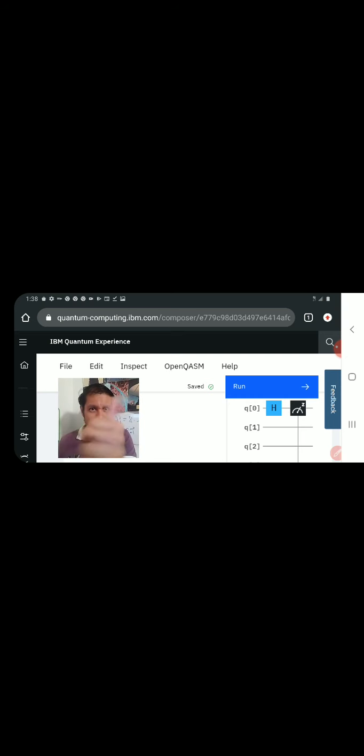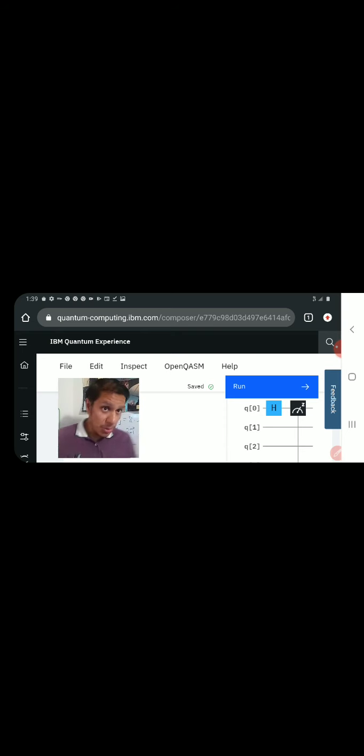We know it's kind of going like this or like this. It's up or down when you put it in a magnetic field sideways like this. If the particle is rotating like this and you put the magnetic field sideways going like this, this spinning particle can either go this way or this way. So we don't know which way it is going. That's what that H right there is doing.